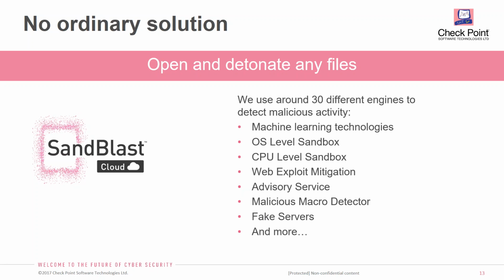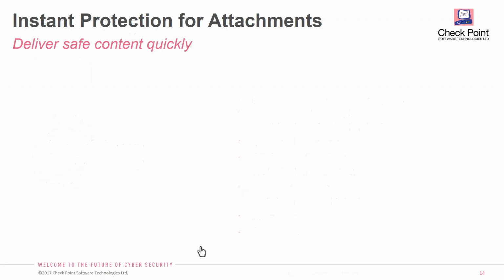We have advisory services that we can query to ask whether any of these indicators are known to be bad, again using our machine learning technologies. We can look for malicious macros. We have fake web servers. We have fake DNS servers. All of these things, around 30 different engines, are in there together, trying to make sure that the verdict on that file is as fast as it can be, and as accurate as it can be.